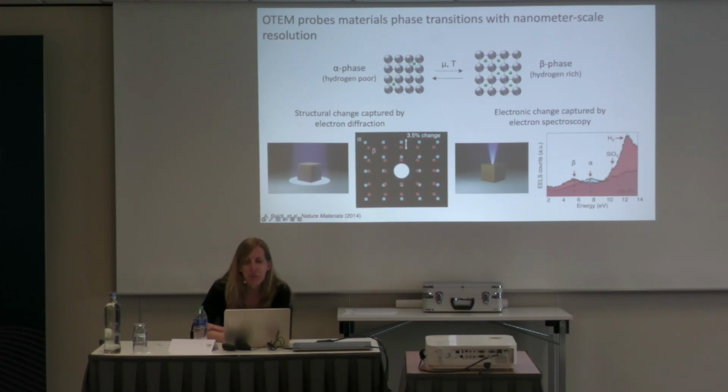So here's an example where we have hydrogen in the environment, and you can see some of those 300 kiloelectron volt electrons have lost, in this electron energy loss spectra, 12 electron volts simply by passing through the hydrogen gas.